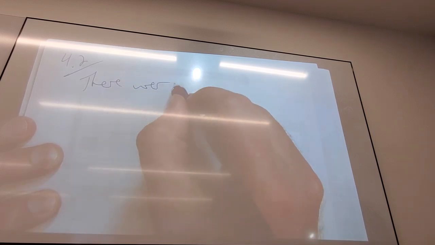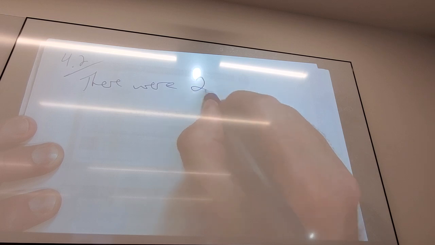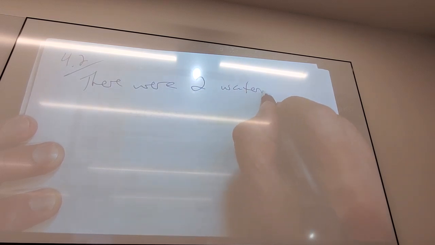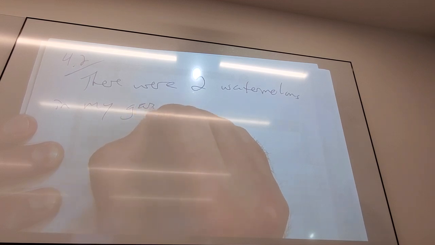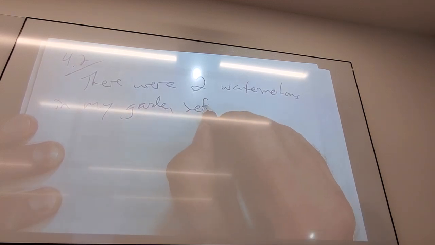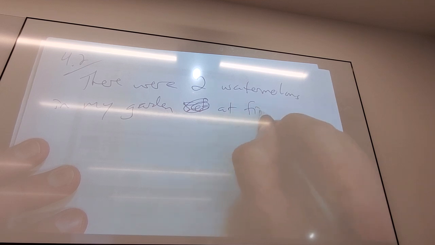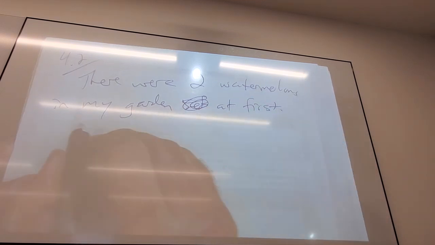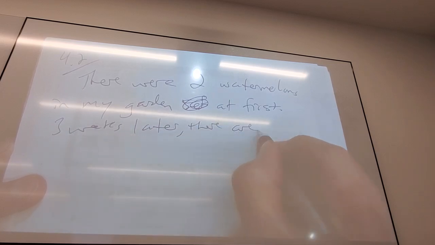Let's say that there were 2 watermelons in my garden at first. 3 weeks later, this is a horrible example, but I'll be okay, there are 4 watermelons.